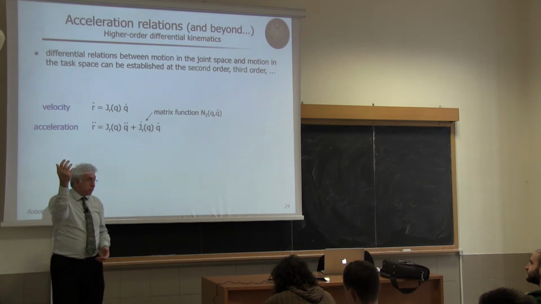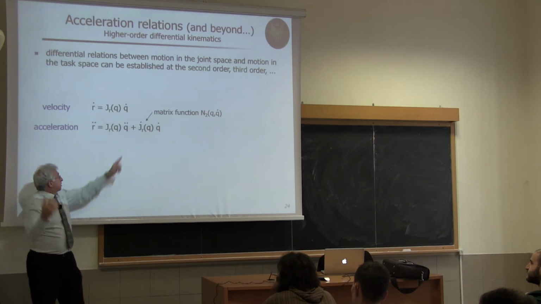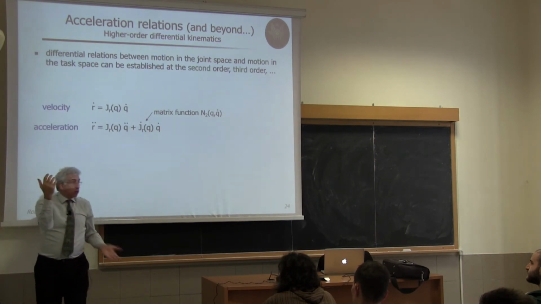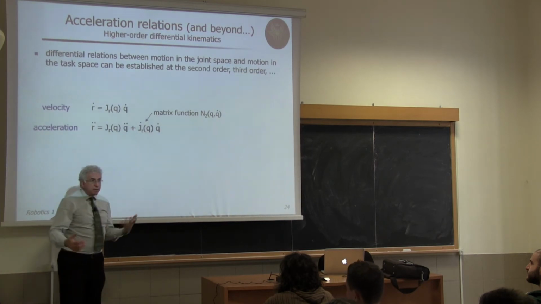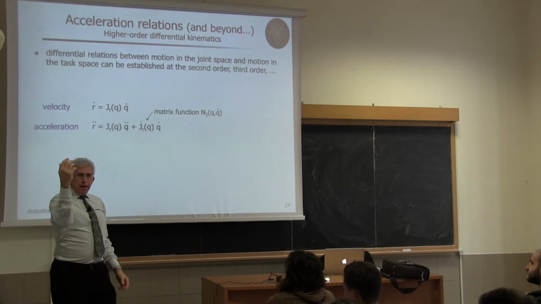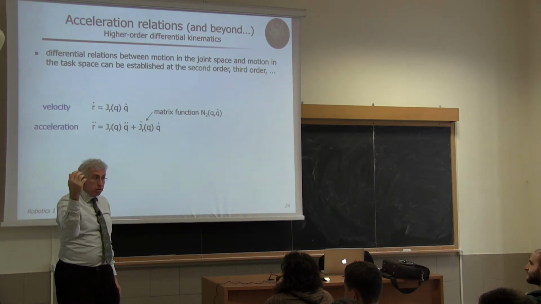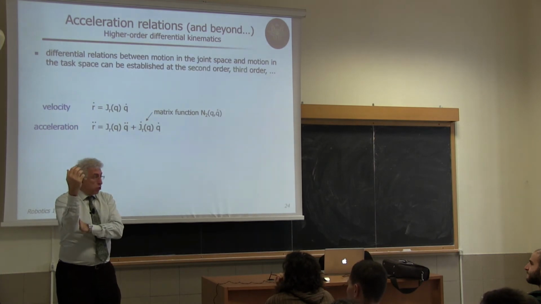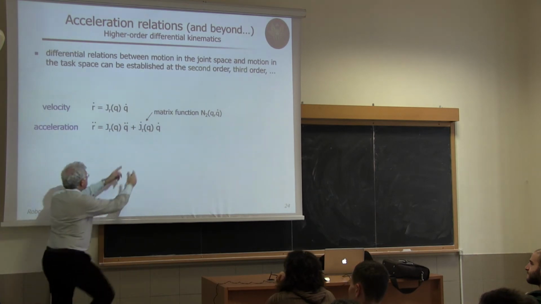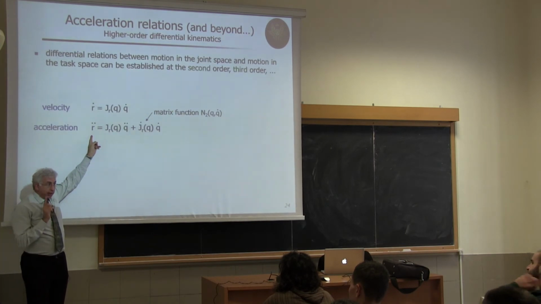So I'm here. The acceleration that you want to command to the joint, here, but also the velocity of the joint, because they appear here and inside this matrix. Which means that if you apply the same acceleration and the robot is at rest, so Q dot is 0, you will obtain some Cartesian acceleration. If you apply joint acceleration when the robot has already a velocity, you will have also this term, so you will obtain another acceleration. So pay attention.